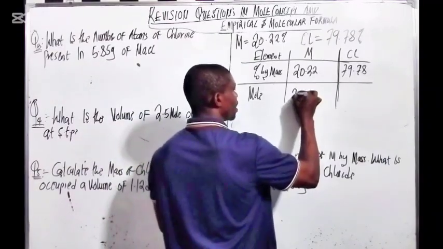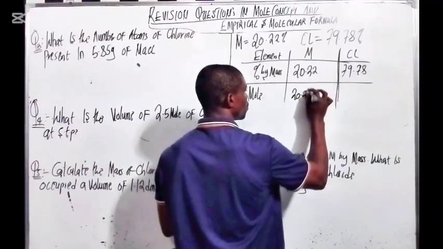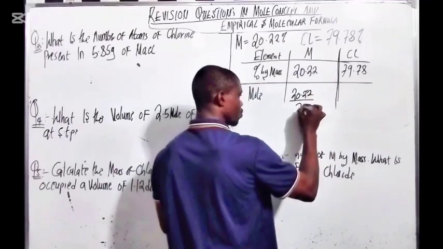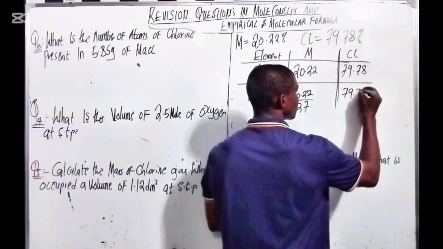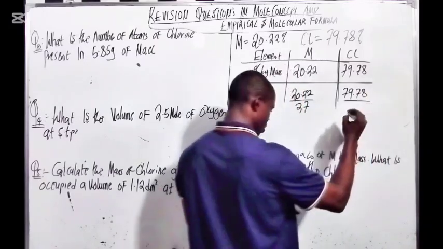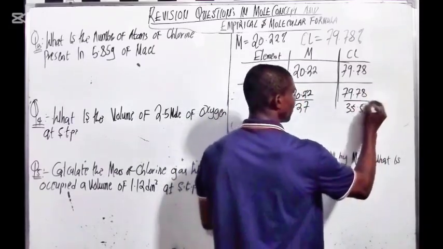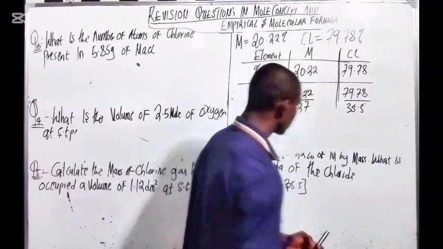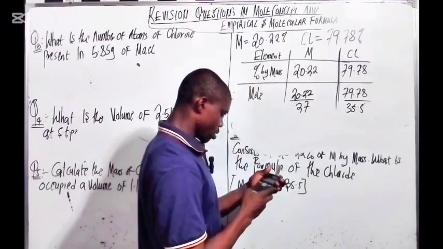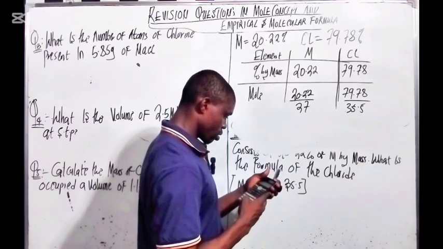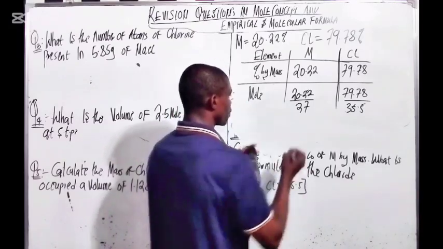Say you have 20.22 over 27, and here we have 79.78 over 35.5. Okay. So here we have what?